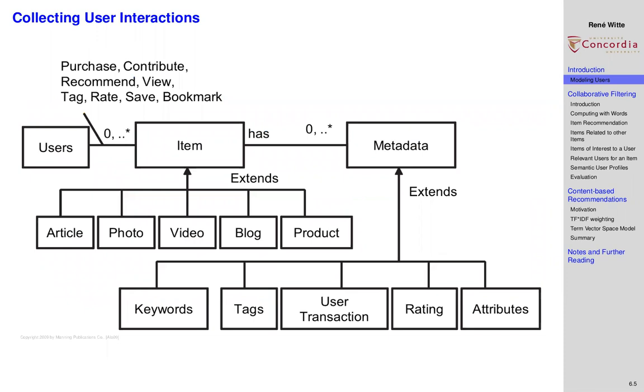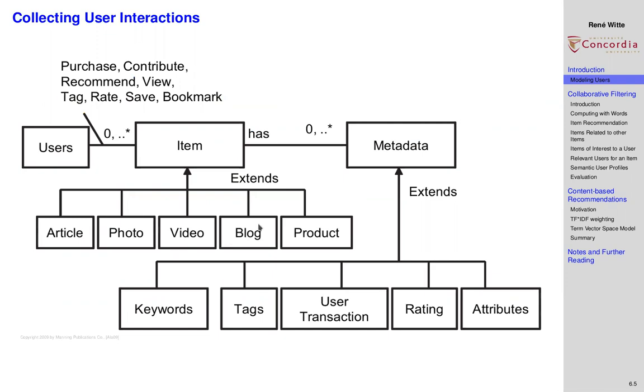So what's behind these recommender systems? Basically, what they need is information not just about the items they have, but also additional metadata. So the item is what the website is managing. Well, for an e-commerce online web shop, this can be all kinds of stuff.